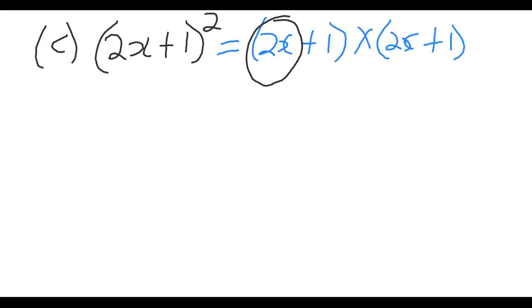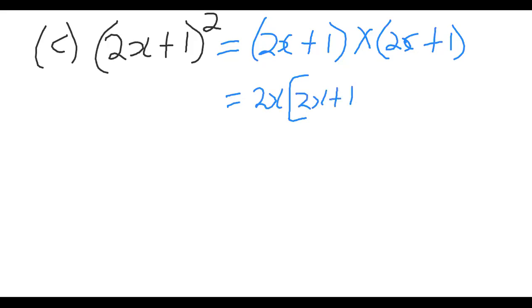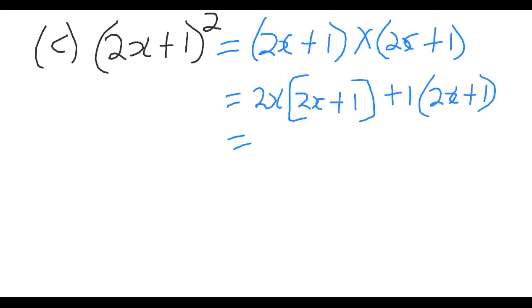So this is the same as 2x into brackets 2x plus 1, plus 1 into brackets 2x plus 1. In opening the brackets, like what we've done for the previous examples A and B, you multiply this 2x by 2x, and you get 4x squared.